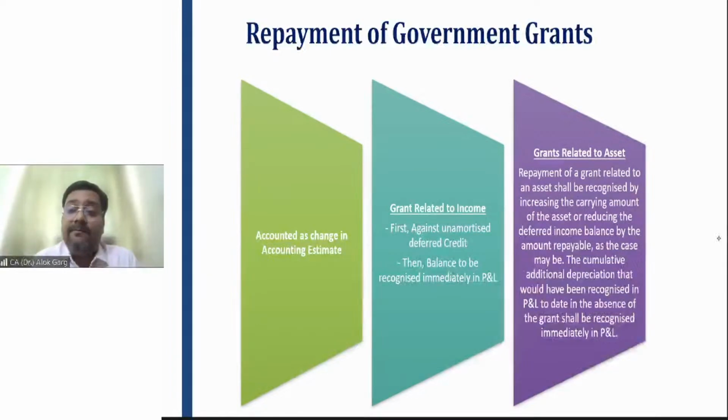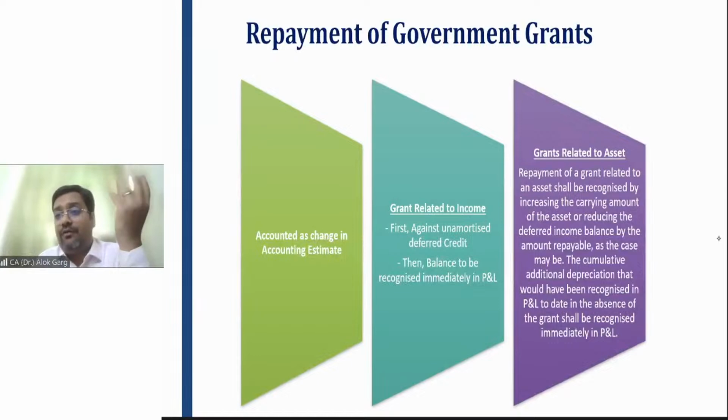For example, if the government grant is related to an asset, in that case, you have to recognize the government grant in the proportion of depreciation over the useful life of the asset. If government is giving a grant for the condition which has already been completed by the company in the past, in that case, you need to recognize the government grant immediately in the P&L.